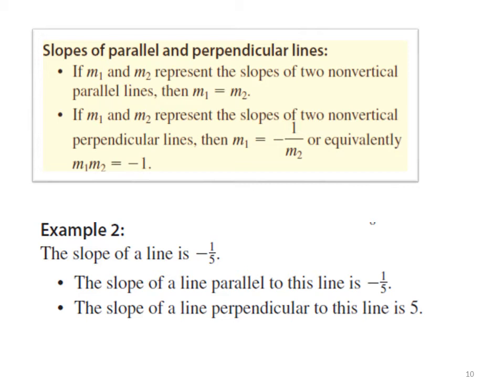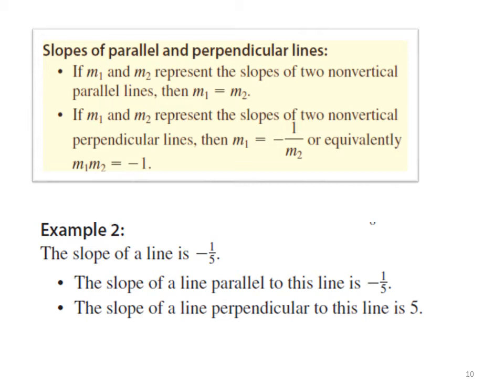The other property is being perpendicular, where they make a 90 degree angle. In this case, how do we compare the slopes? Again, M1 and M2 represent the slopes of two perpendicular lines. Then M1 is equal to minus 1 over M2.